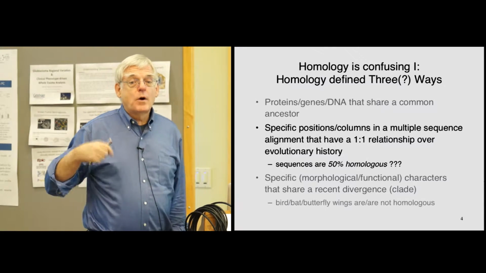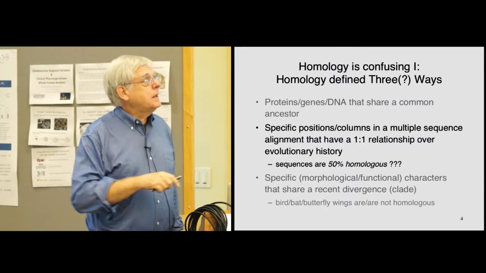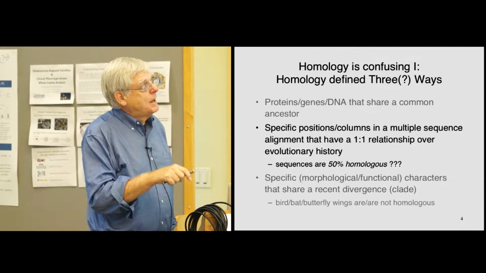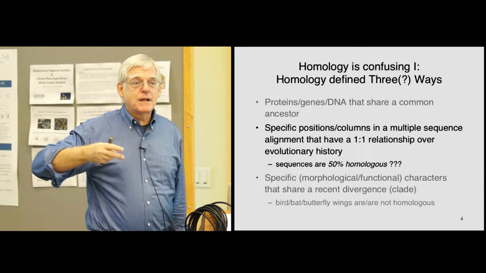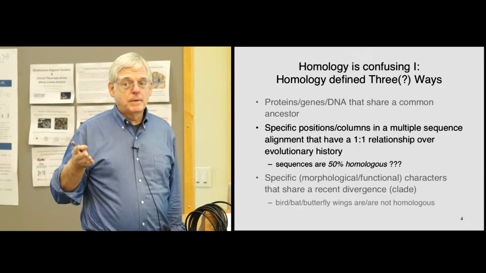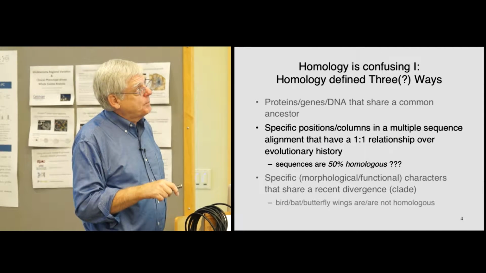Okay? So our goal is to have a multiple sequence alignment method that really guarantees, well, I won't say guarantees, but does the best possible job of generating alignments where each of the columns in the multiple sequence alignment reflects this one-to-one relationship over evolutionary time. That's our goal.